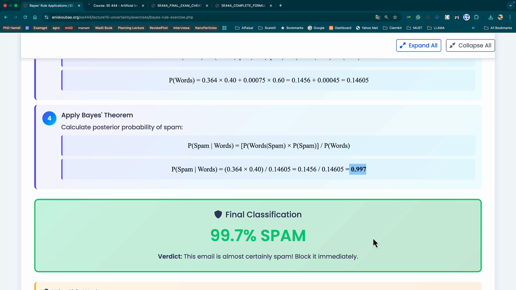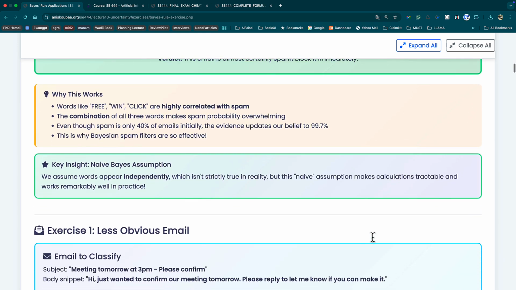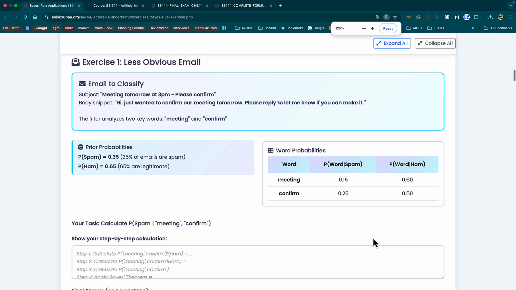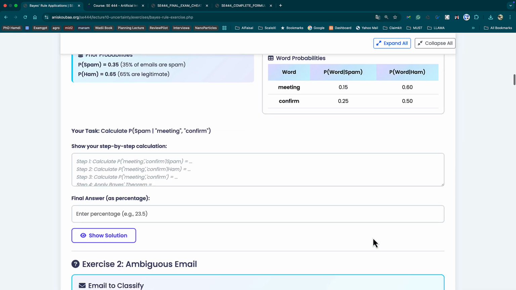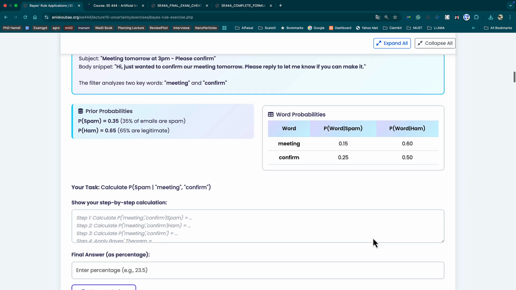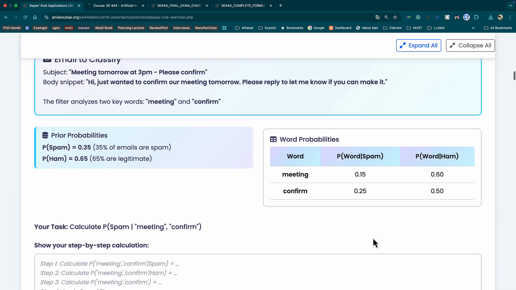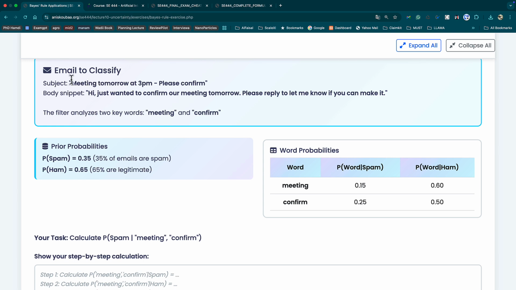So now you understand, but it's time to practice. I'm going to give you 10 minutes to solve this problem, which is very similar. But don't look at the solution. Let's solve it, identify where we will make mistakes, and then we can improve. Look, now we have another email: meeting tomorrow at 3 p.m., please confirm.